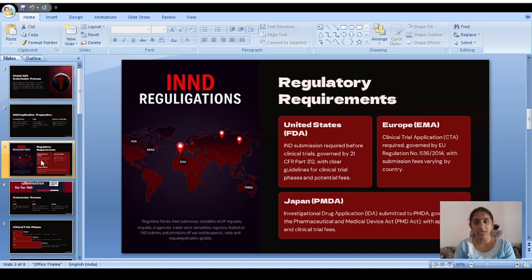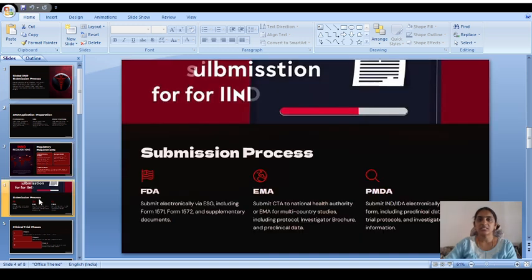In Japan, PMDA regulations are followed, and the investigational drug application is submitted to the PMDA, governed by the Pharmaceutical and Medical Devices Act, with application and clinical trial fees.